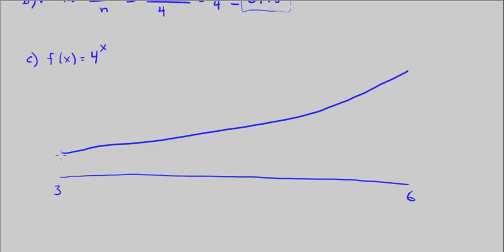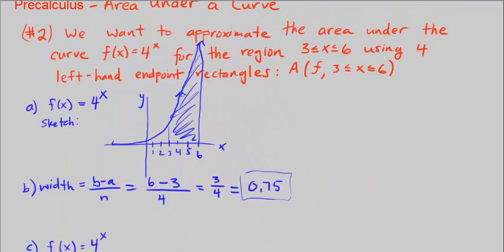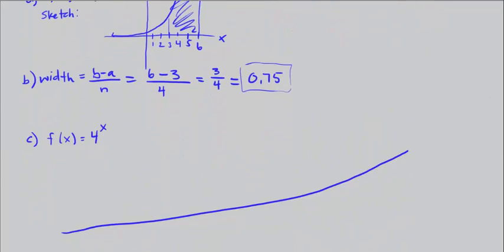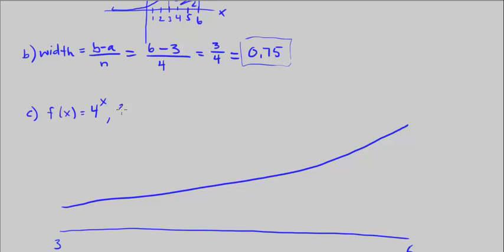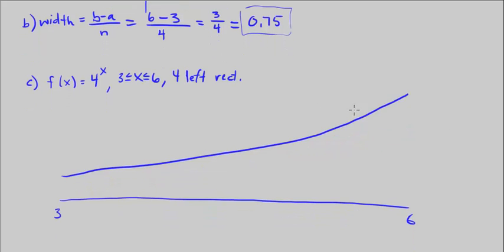Okay, so then we're going to use 4 rectangles. So this is the graph from 3 to 6 using 4 left rectangles. Each of the rectangles is going to have a width of 0.75.